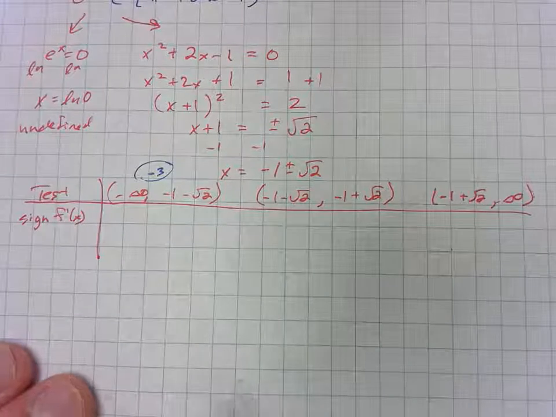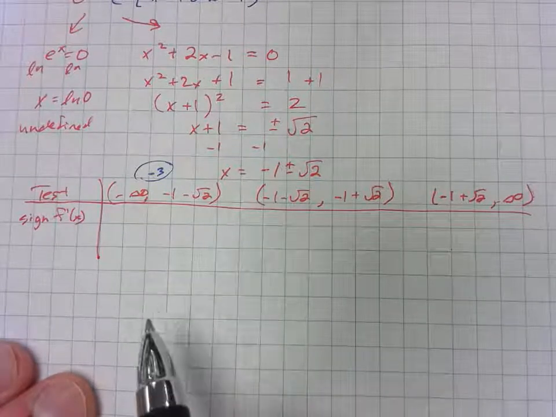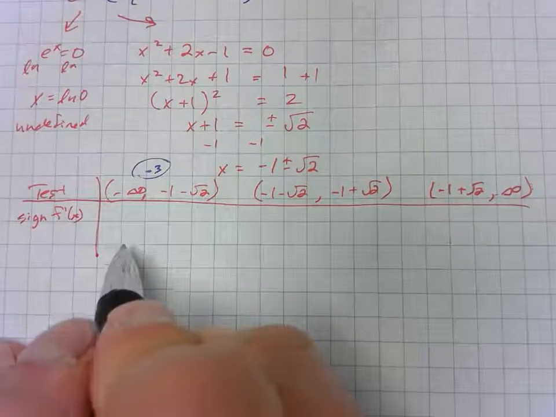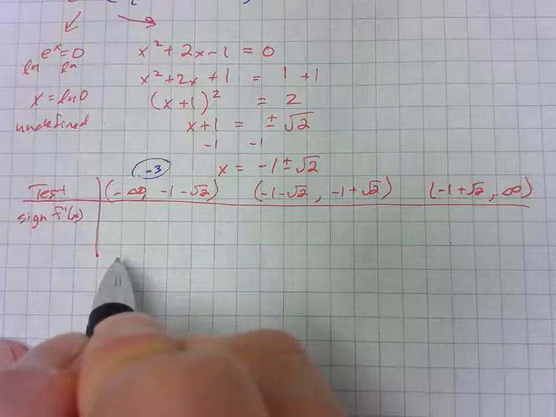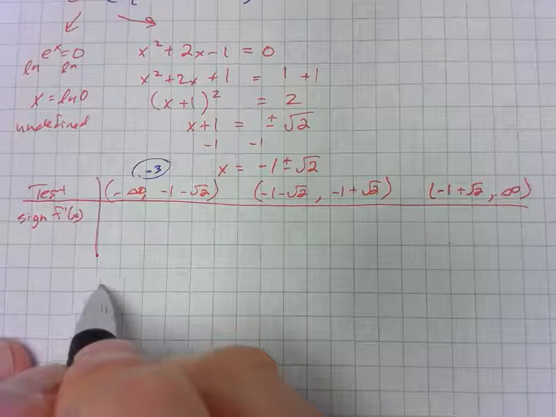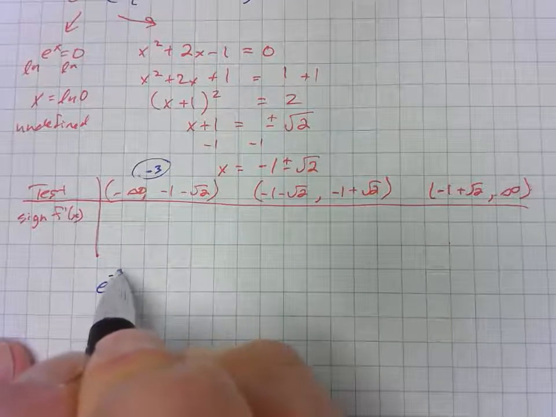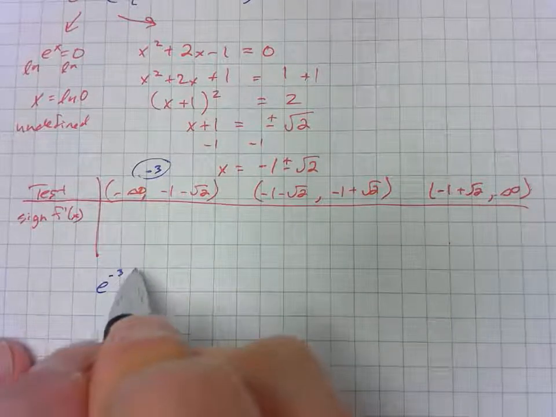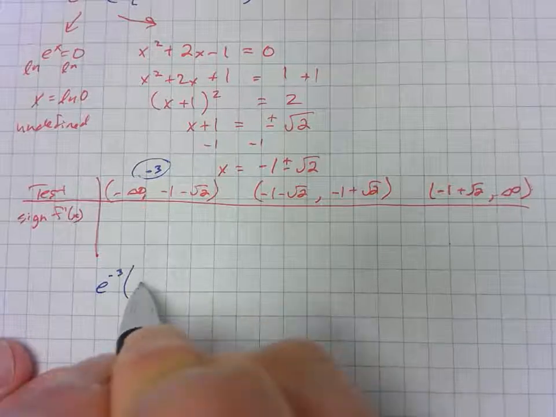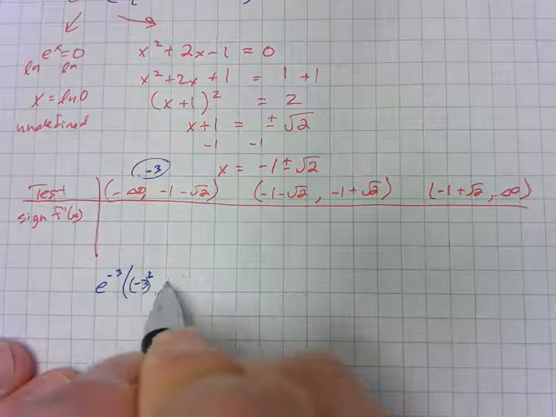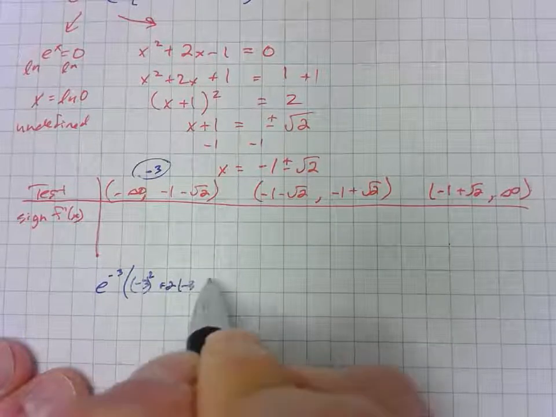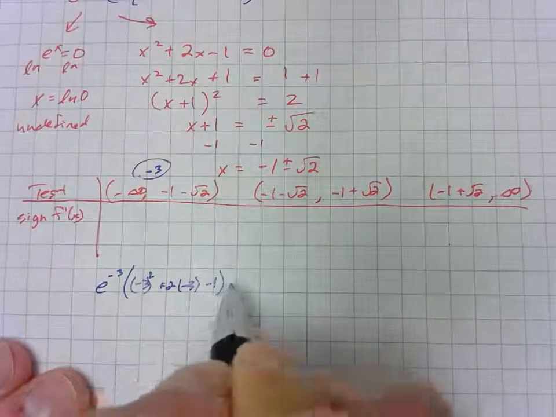Okay, so if I do the work for that, it's going to be e to the -3rd times -3 squared plus 2 times -3 minus 1.